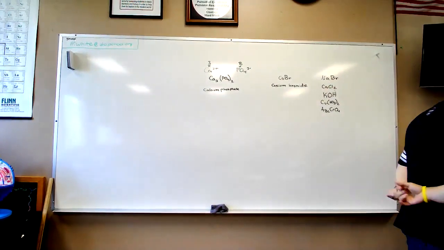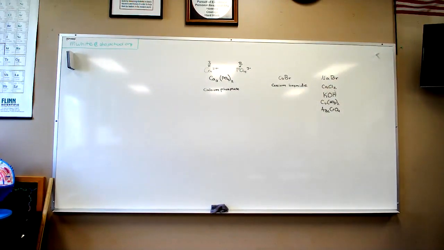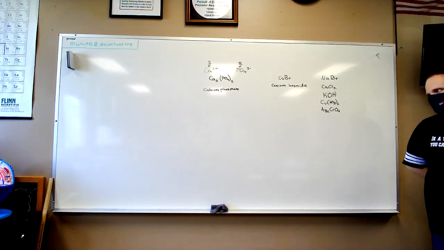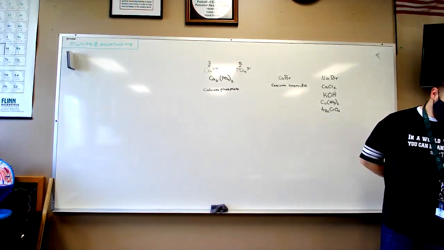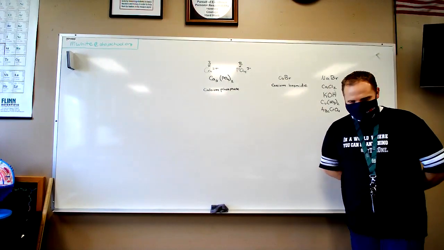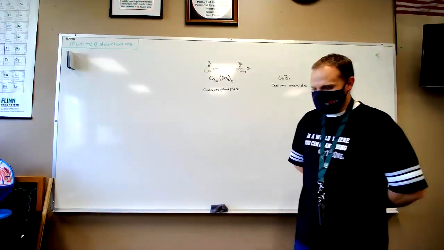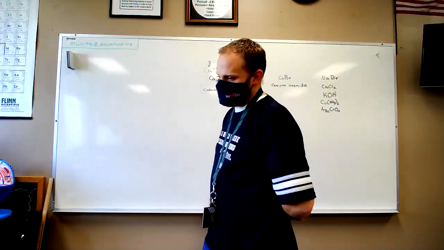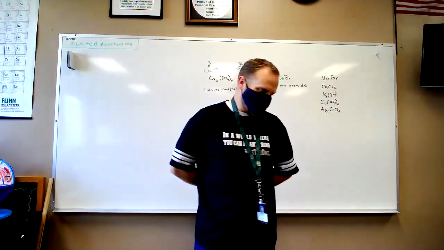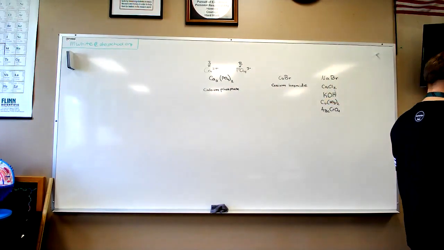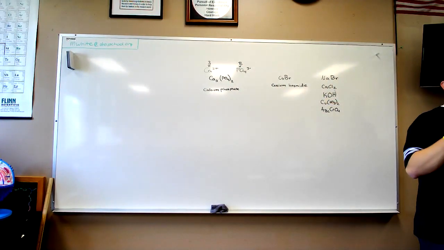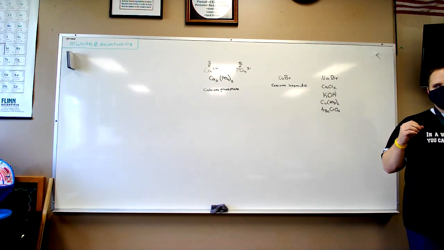Now, these bonds are a little bit weird because they're not true bonds, just like ionic bonds aren't really true. The terminology that your book uses is called a sea of electrons. And basically what it's saying is, with metals, you have a whole bunch of positive atomic nuclei.